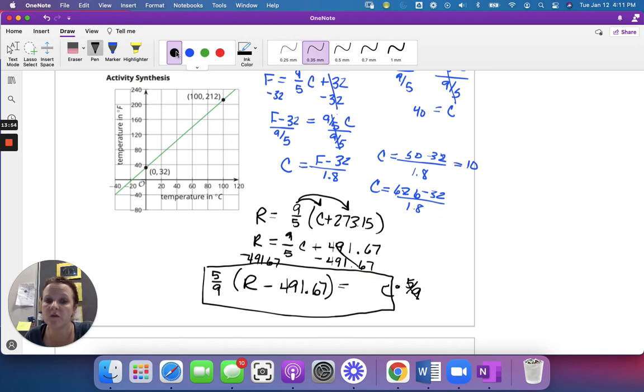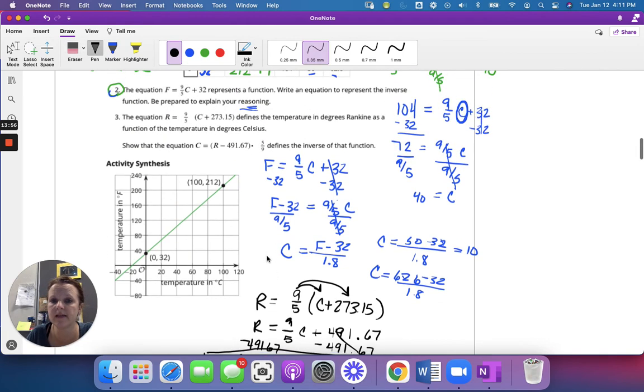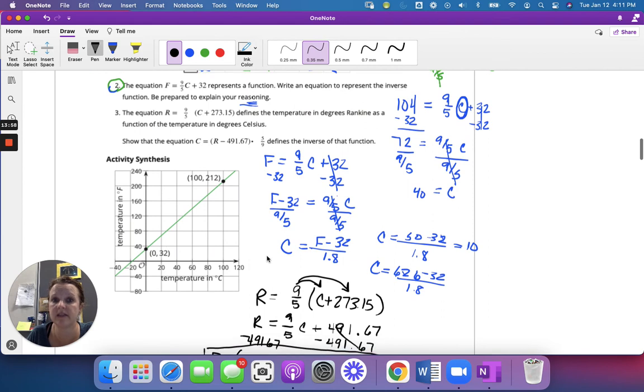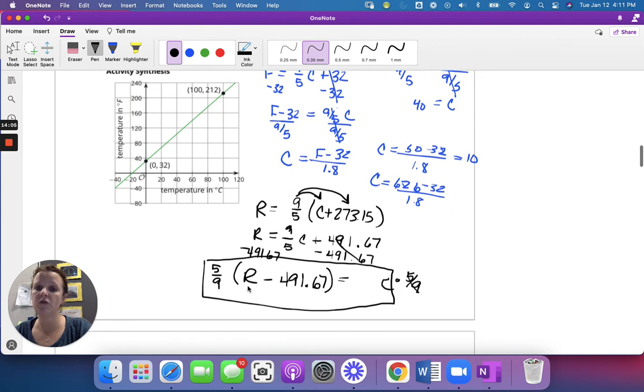And it's much more useful. So that's the equation that defines the inverse of the function. We would use that equation if we knew Rankine and we were trying to find Celsius, just like we would use this equation if we knew the Celsius and we were trying to find the Rankine. Right? Okay.